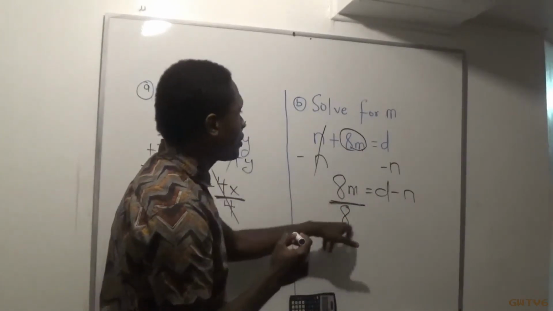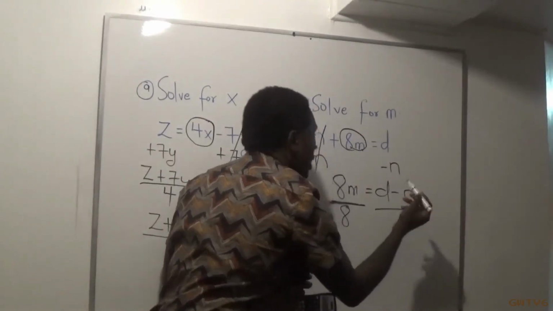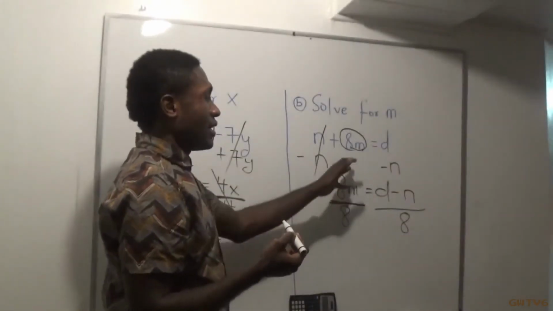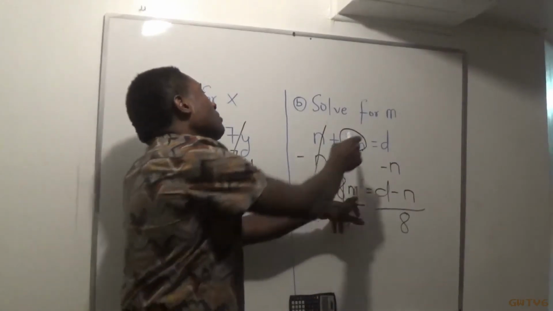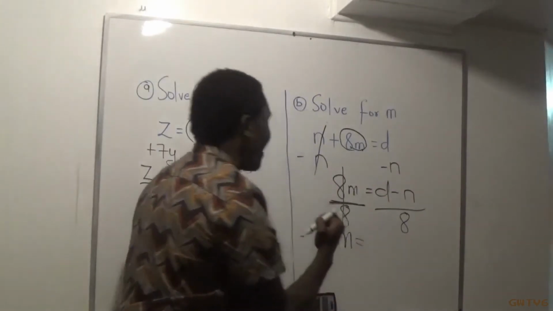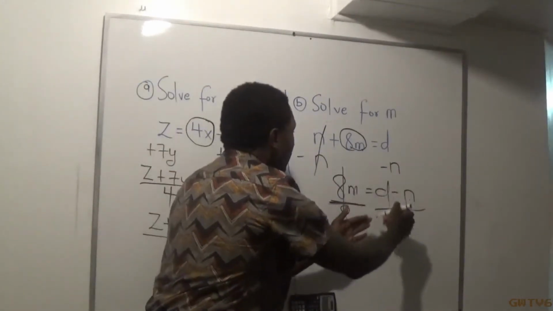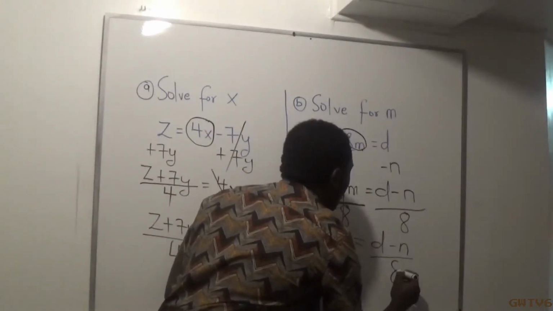And whatever I do on one side, I just do the same thing on the other side. So I divide here also. Whatever this is, I'm going to divide it by 8. So now, this is the side that I care about. The 8 cancels out, so I have my m that I'm solving for by itself. Yes, I have my m by itself equals d minus n over 8.